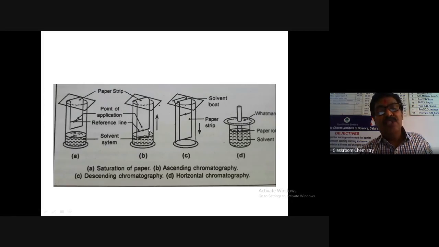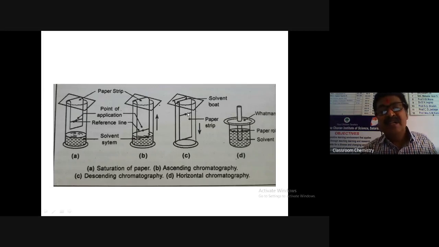The solvent moves in upward direction. When it moves upward, the mobile phase brings the components of the mixture along with it, and due to their different adsorption power exerted by the stationary phase, they get adsorbed at different positions on the filter paper.